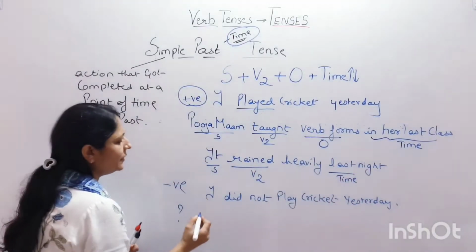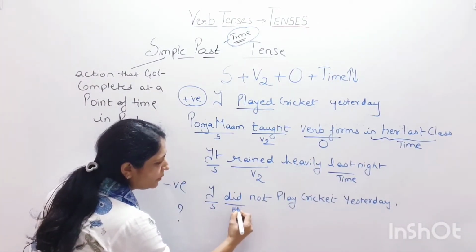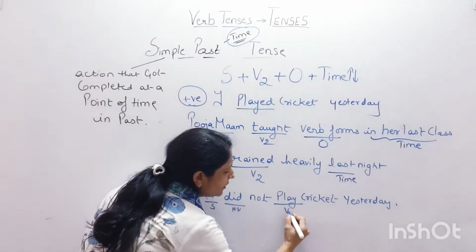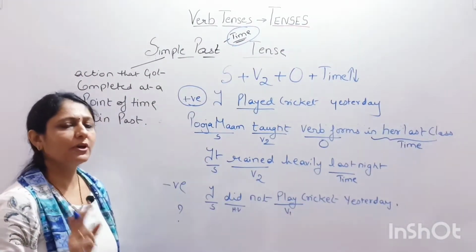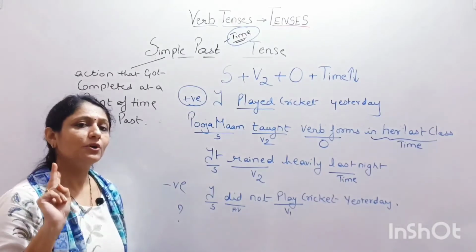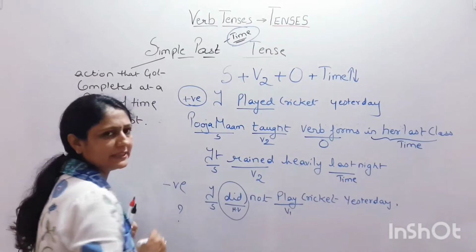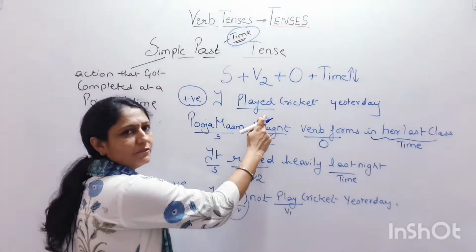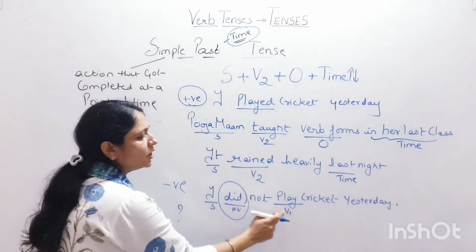Now see, here I was the subject, did was my helping verb. अब जब हम did लगाते हैं तब एक चेंज और हो जाता है कि जो हम वर्ब फॉर्म लगाते हैं वो V2 के बदले हमेशा V1 ही लगता है, because there is another very important tip of English grammar कि you never use two past tense together. So here we are already using a past tense did, therefore we will not use the word played over here like we have used in this sentence. So we will make the sentence I did not play cricket.